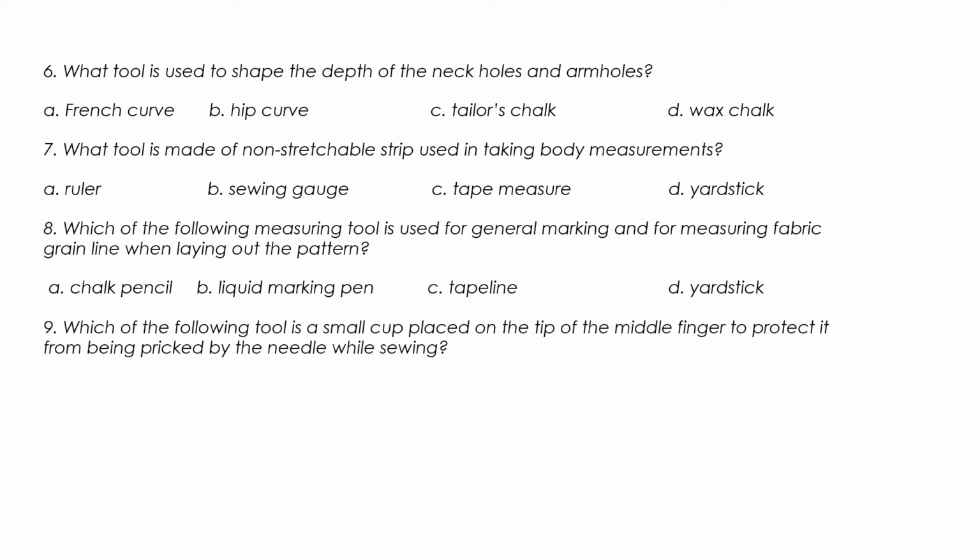Number 9. Which of the following tool is a small cup placed on tip of the middle finger to protect it from being prickled by the needle while sewing? Is it A, hand needle, B, drafting table, C, pin cushion, or D, thimble?